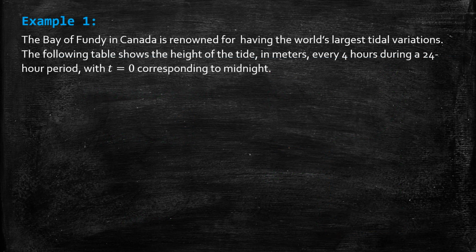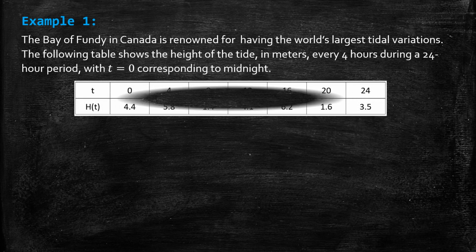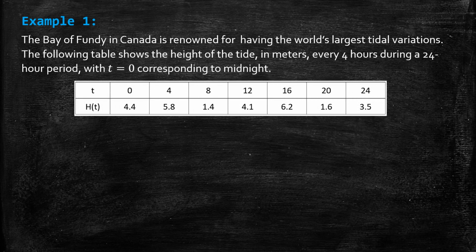So let's look at an example where we can apply the IVT in a situation where we're just looking at a table, so we're not actually examining functions just yet. The Bay of Fundy in Canada is renowned for having the world's largest tidal variations. Here's a table showing the height of the tide in meters every 4 hours during a 24-hour period. t = 0 corresponds to midnight.